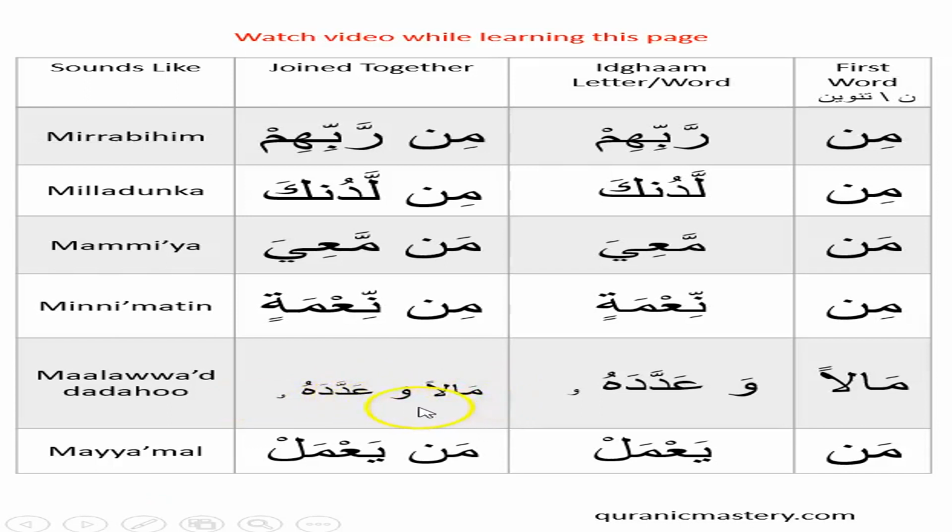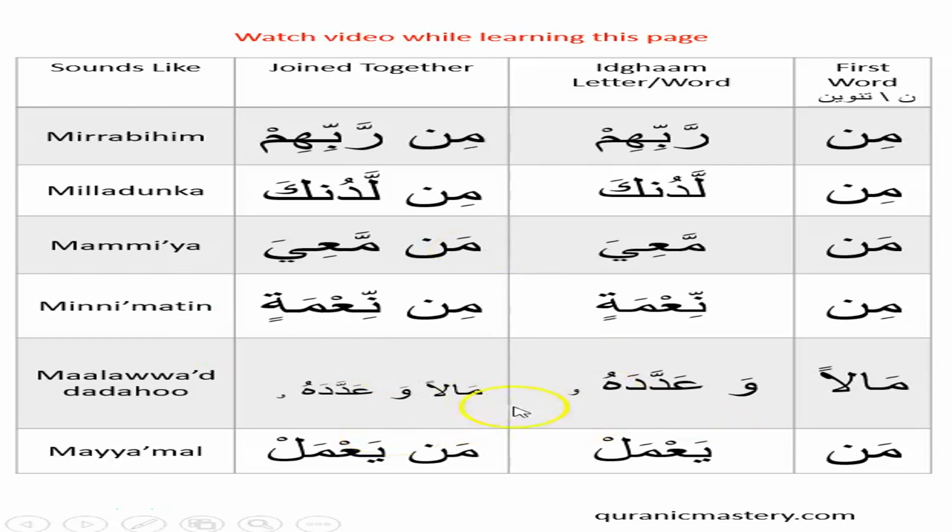All you need to know is that when we have a tanween, or a noon sakin, and we have a waw or a ya, this needs to be merged together with an idgham, with a ghunna.